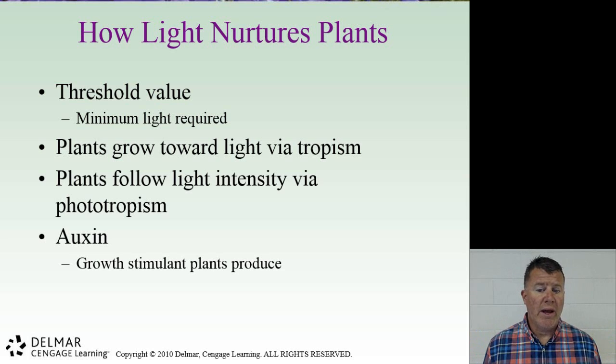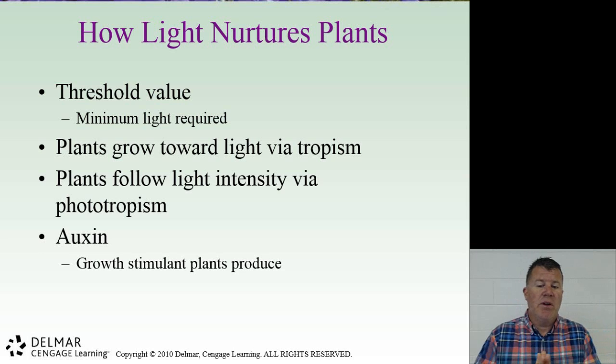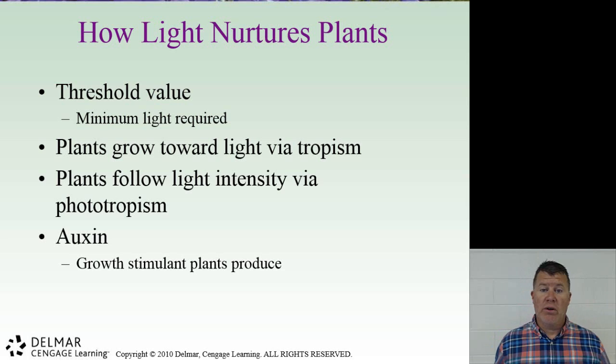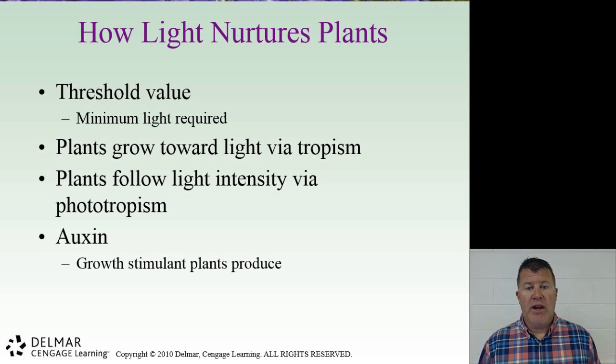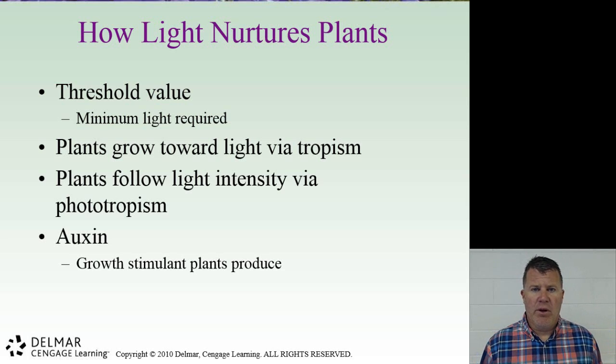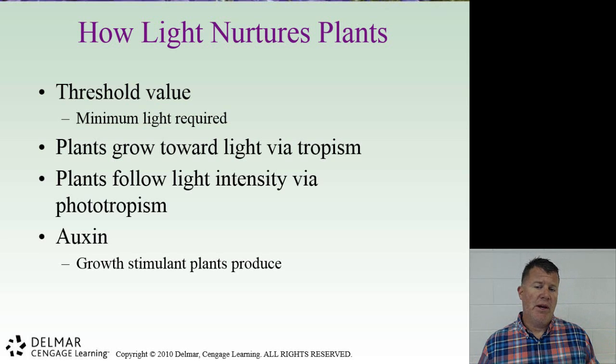The plants grow toward light via tropism. A tropism is nothing but a response to a stimulus in the plant. And then plants follow light intensity via phototropism. So that's what that tropism is. It's called phototropism. And then auxins, they are the growth stimulants that plants produce. And these auxins can also be used to produce growth retardants. Chemicals such as Atramac that you may or may not have heard of in pest management class, but Atramac is a chemical that you can apply to plant materials to prevent them from growing.